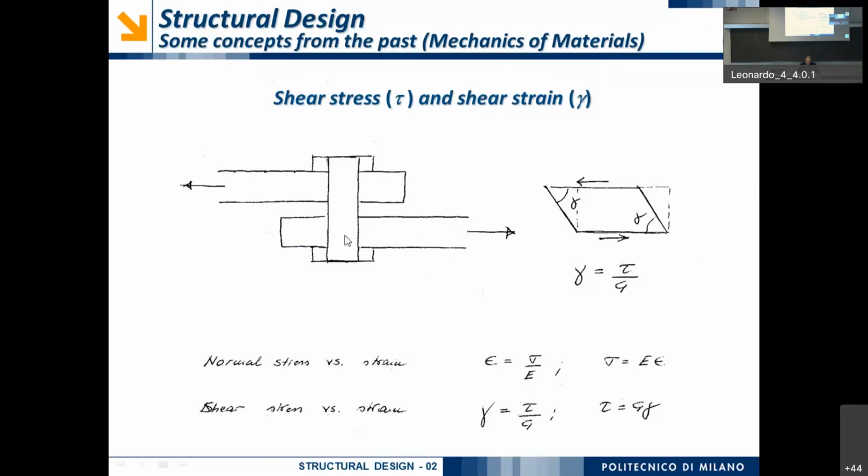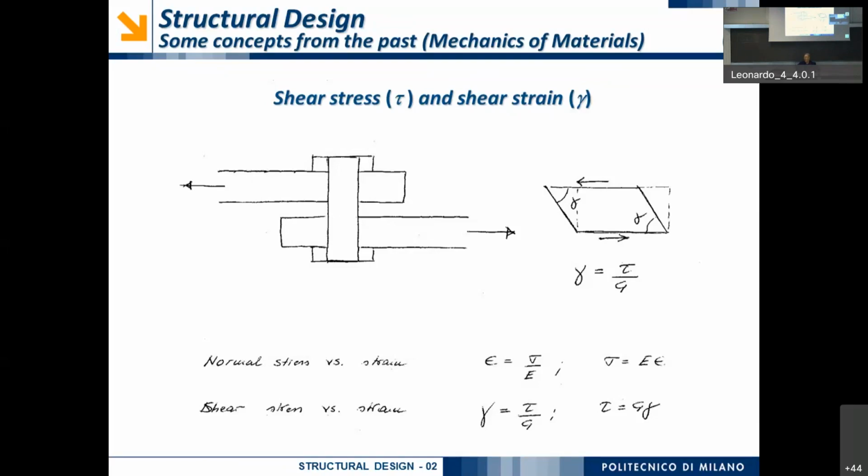What happens in this cross section is that the material of the bolt undergoes some shear action, okay? And so I will have some shear stress that unfortunately is not the applied shear over the area, okay? The law of variation of shear in the cross section is much more complicated. I will recall it in the next slide, okay?